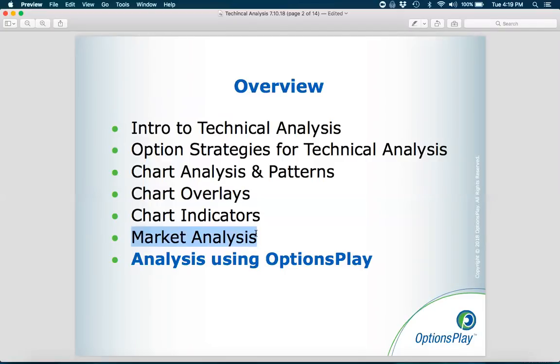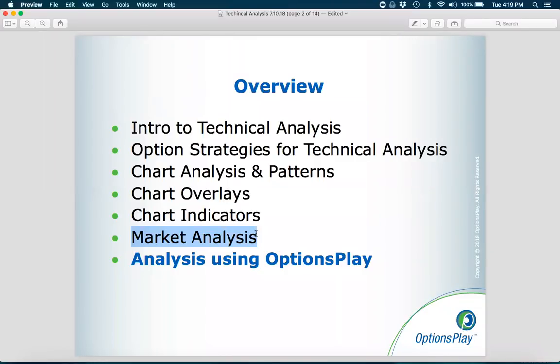Then what I really want to show you is how you can leverage whatever technical analysis you use with OptionsPlay, which is available to you free of charge at TMX. You can use this free tool to turn these different types of technical analysis into actual option strategies that you can deploy to potentially profit from your analysis.